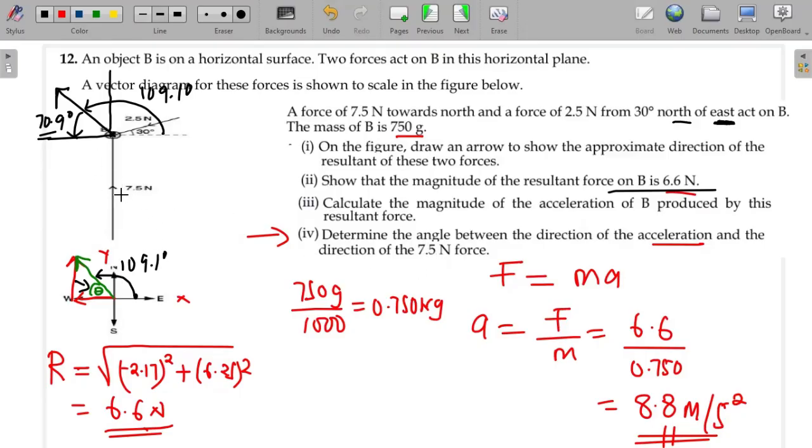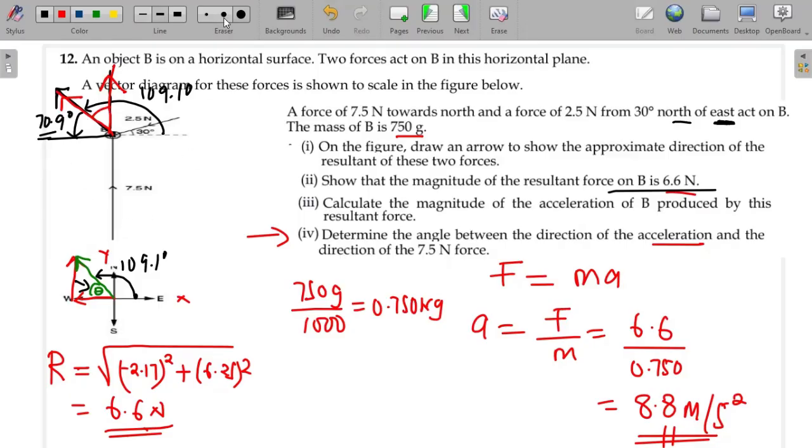The 7.5 newton force, you can see, is here. The direction of the acceleration is in the resultant force here. They want the angle between the direction of the acceleration and the direction of the 7.5 newton force. So it means they want this angle here.